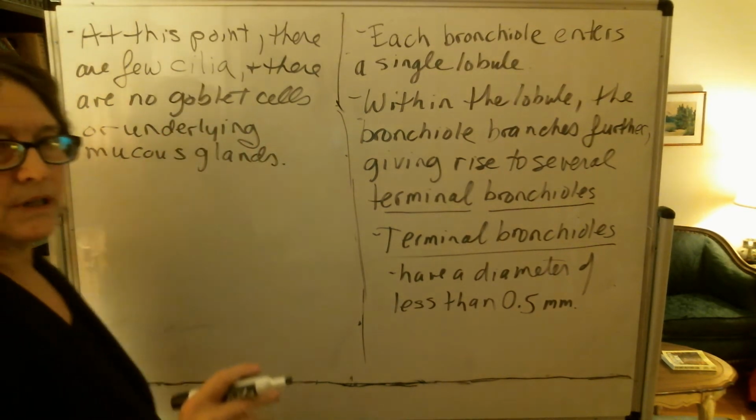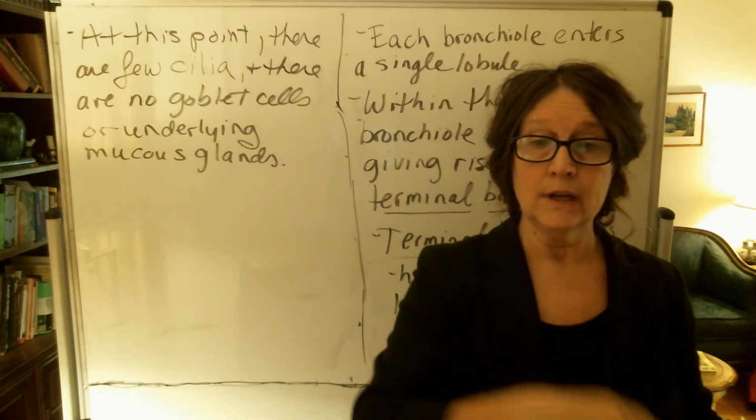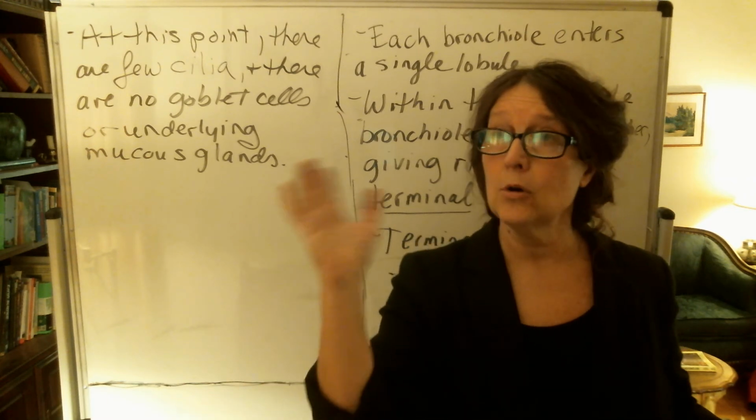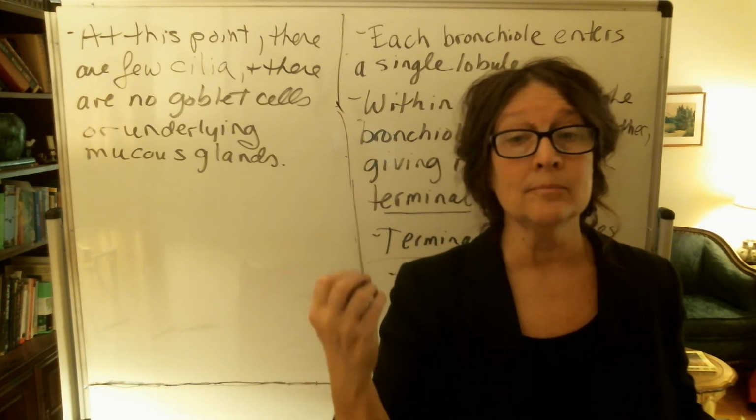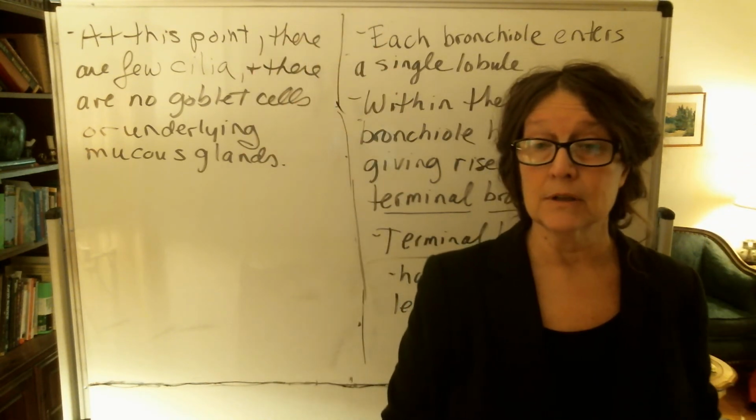So the environment on the side of the tube is very different now. You now don't have the cilia, you no longer have the sticky mucus, and so stuff that gets down there is in a different situation. It's not going to be pulled out in the same way.